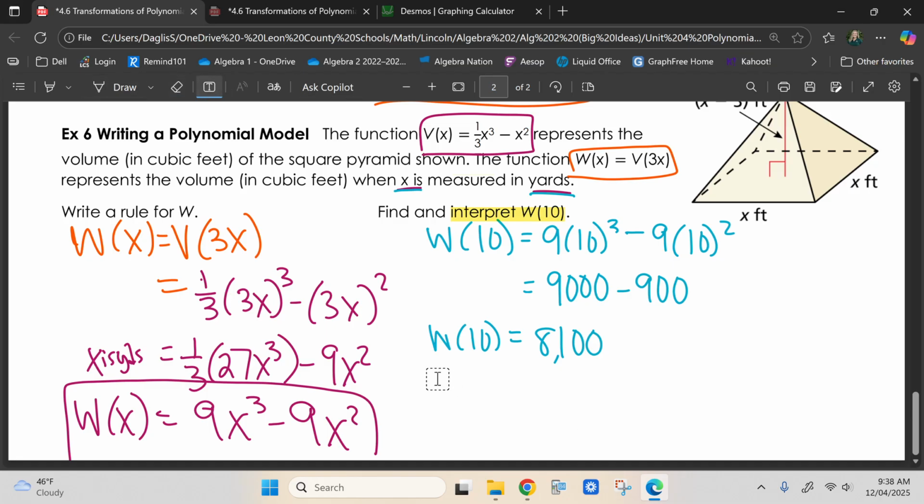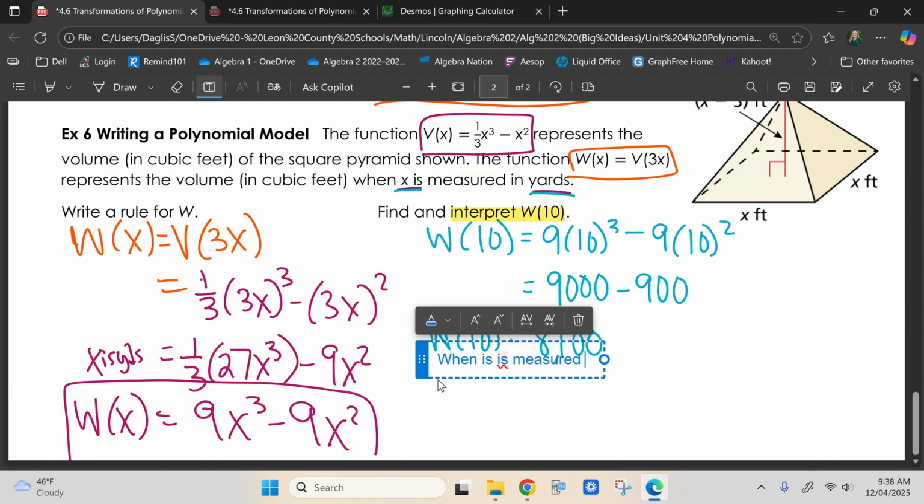So what is this showing me? This is showing me that when x is measured in yards, let's say when x is measured at 10 yards, that makes it more exact to what we typed in.